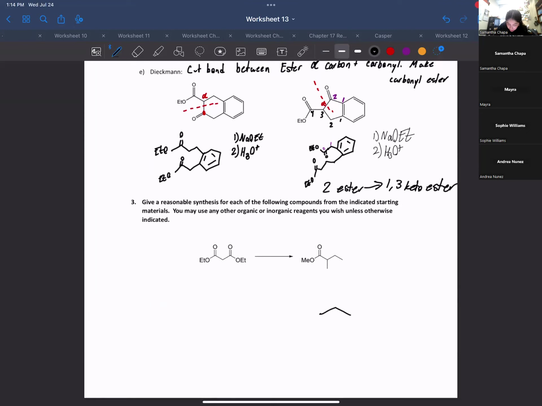So I'm just gonna do a cyclic structure. And that should be good. And so show me what compound you need to make this group right here.